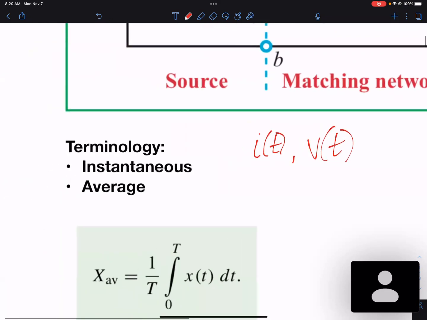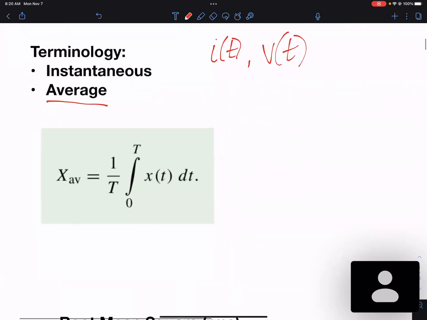The other term is now average. So what does average mean? From math, average means that you're taking the integral of the function that you're trying to find the average over. And what does the integral give you? Correct. It's giving you the area under the curve. Sometimes the curves we're going to find the average of are going to be a sinusoid.